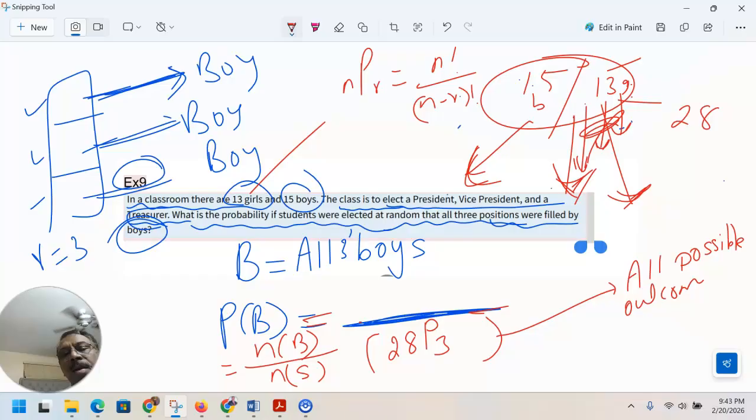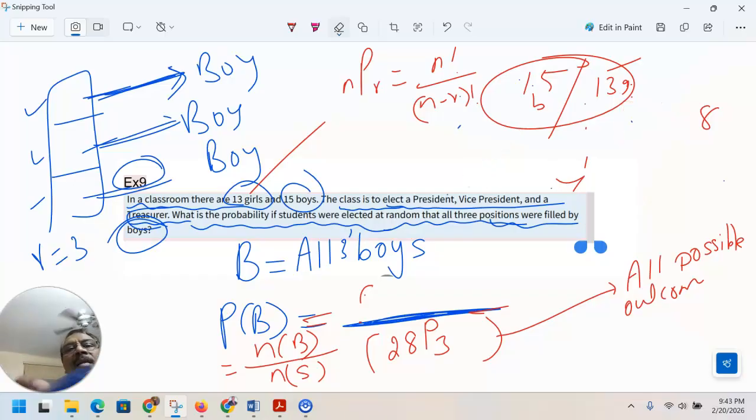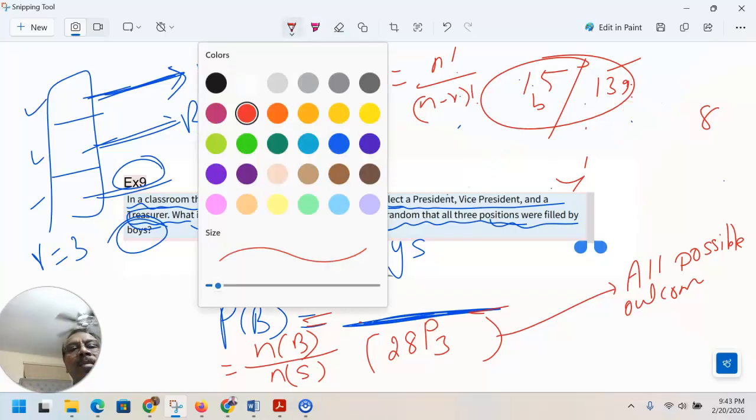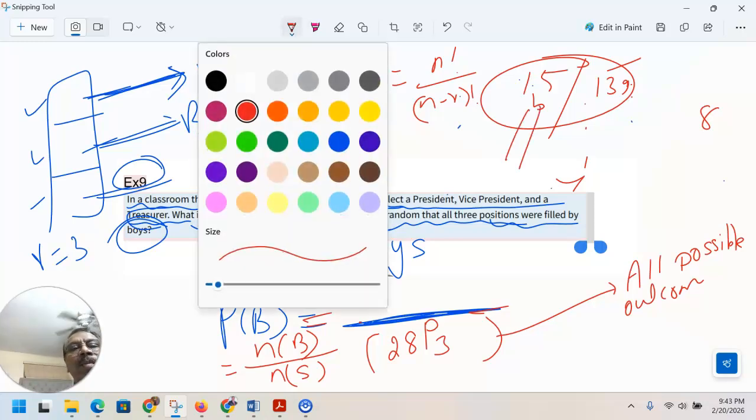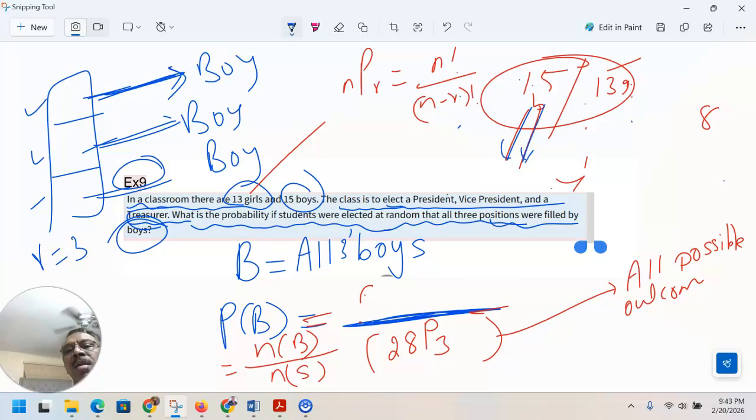Now, when you talk about the numerator, it is all boys, right? Three boys. So how many boys are there? There are three boys: one, two, and three. These three boys would be picked from the 15 boys here. So that is like n, and r becomes 3 here. So from 15, you do P, and you pick 3 like this.